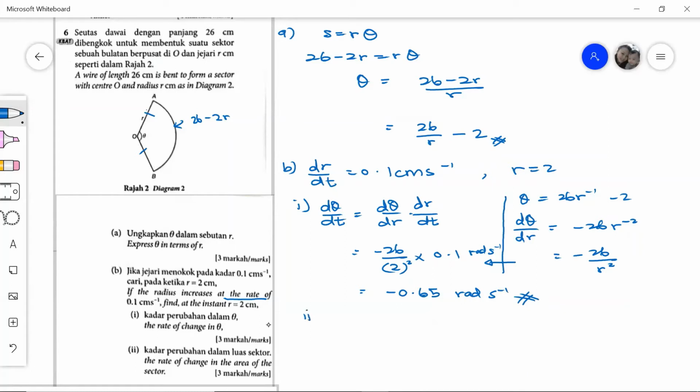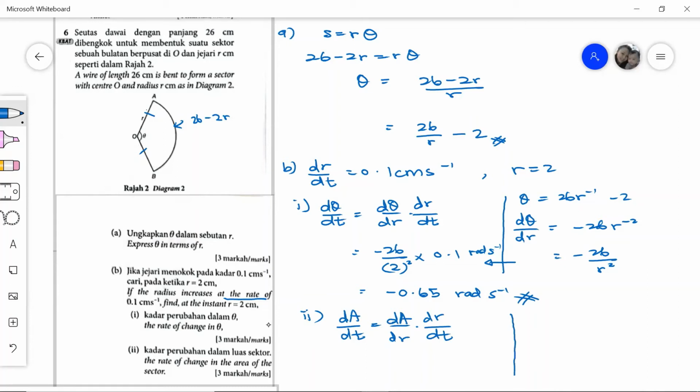Next, part 2. Part 2, we have to find the rate of change in the area of the sector, dA by dt. So let's split this into 2 parts and chain them together using the r, because we can write A in terms of r.